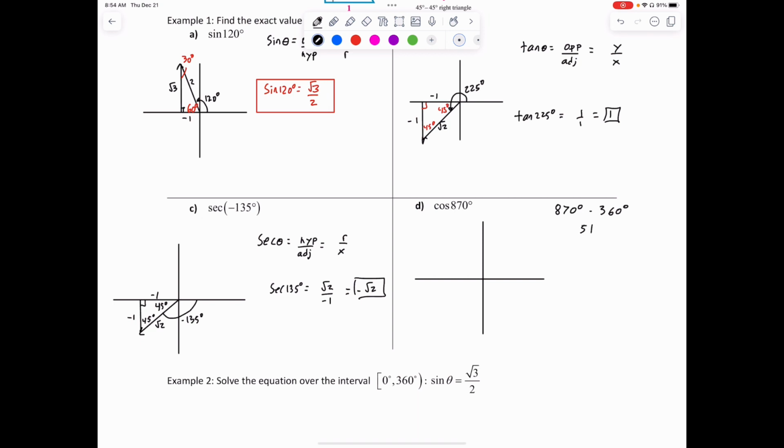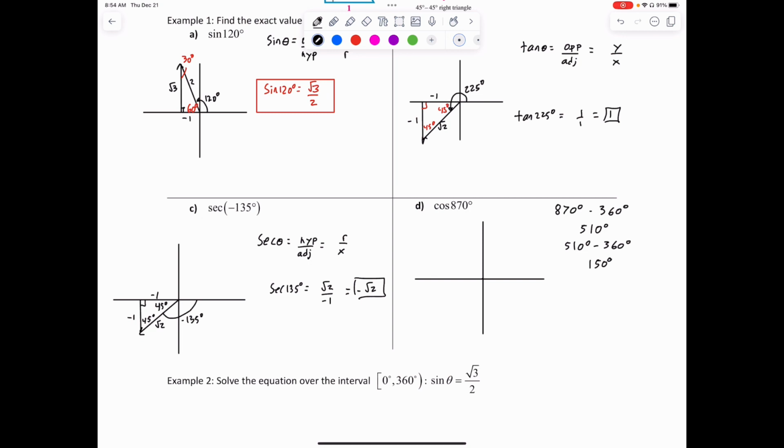So this is 510 degrees, which is still more than 360. So if I do 510 degrees minus another 360, I get 150 degrees. So that is the angle I'm really trying to sketch.